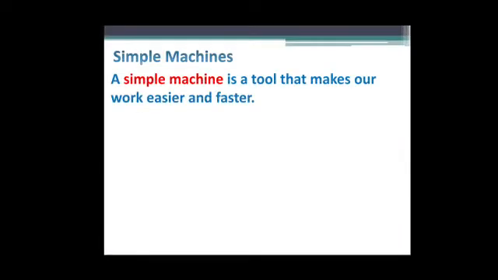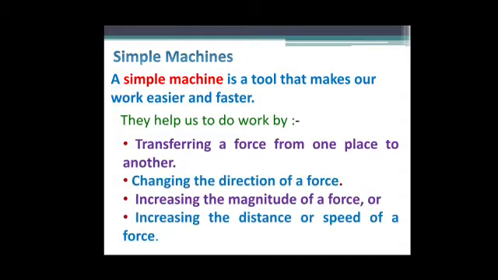What are simple machines exactly? A simple machine is a tool that makes our work easier and faster. They help us to do work by transferring a force from one place to another, changing the direction of a force, and increasing the magnitude of a force.